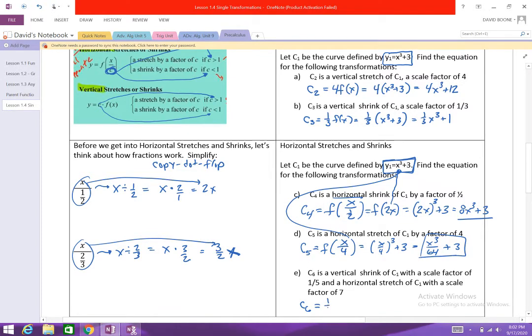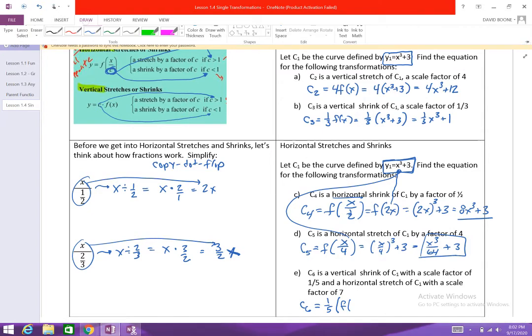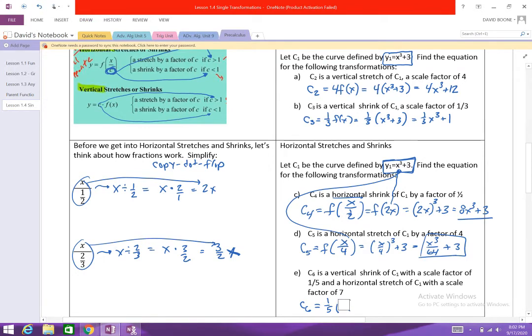So I'm just going to put the number 1/5 out front of our f of x. I guess I got too many parentheses in there. It's not a problem, but it just looks messy. So 1/5 f of x. So that'd be the first part, showing a scale factor of 1/5.